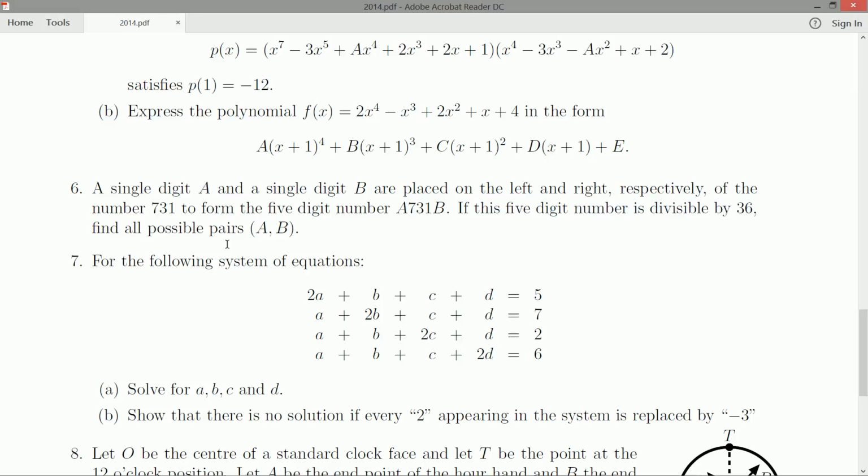So what does it mean to be divisible by 36? Is there a way to tell? You may have, in your education, come across different rules to test whether something's divisible. The most obvious ones: divisibility by 5 is just, is the last digit 0 or 5? Divisibility by 2, is the last digit even? Is it a 0, 2, 4, 6, or 8?